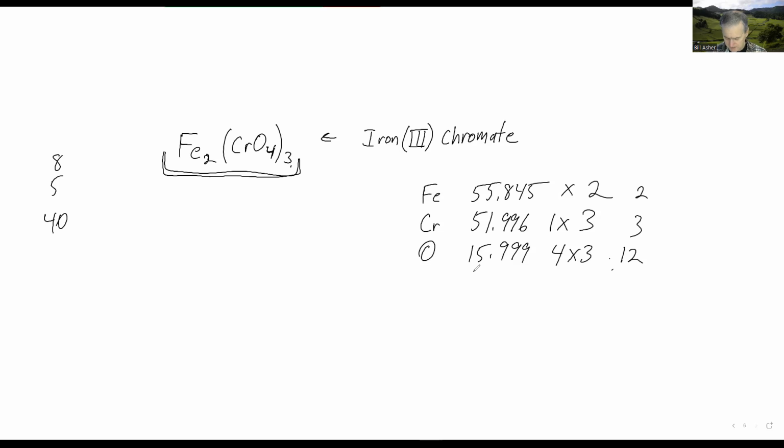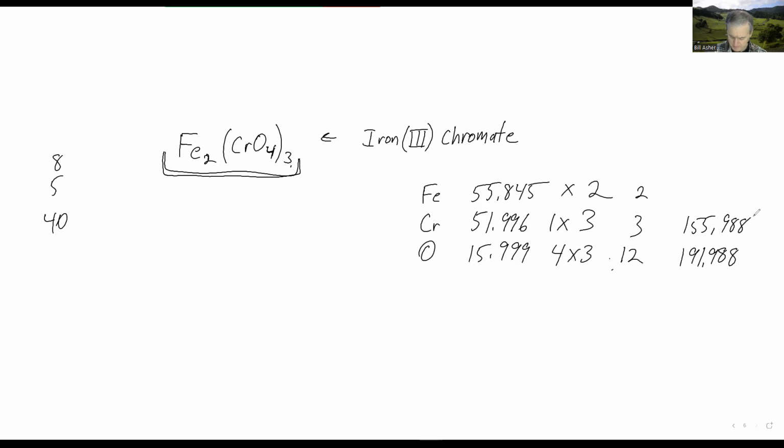So 12 times 15.999 is 191.988. And then 3 times 51.996 is 155.988.